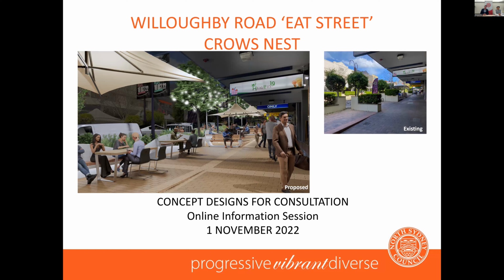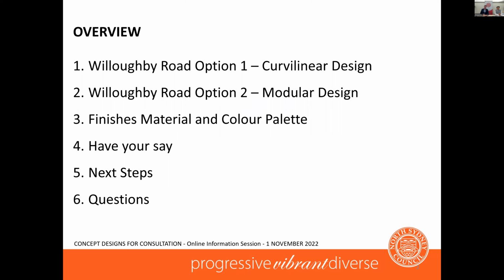Now that changed in July, August of this year, with a report going to Council where we now have enough money in the capital works budget to do this important upgrade. So just a very quick overview. We're going out with two options to start a conversation with the community.